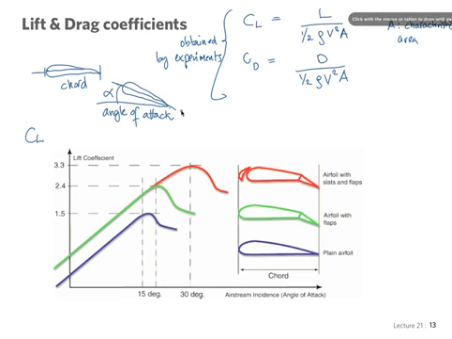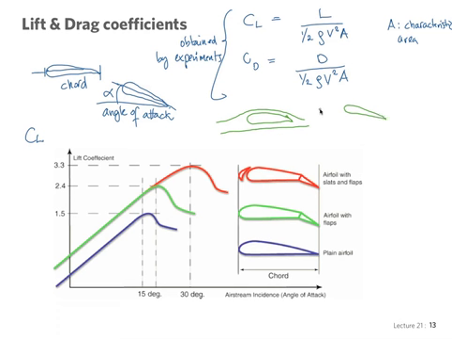We'll discuss separation a little bit more in a moment, but normally the air will conform to the curvature around the airfoil without problems, like so. But there comes a point where the angle is such that there is separation and the air is not able to follow the curvature around the airfoil, and this is called stall.